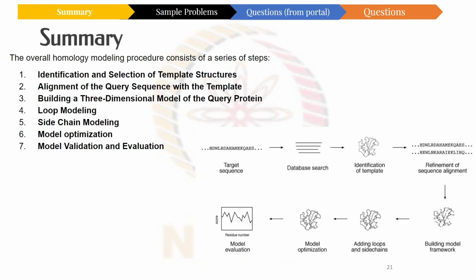Then we have sidechain modeling. Sidechain modeling is a process of predicting the sidechains. Now, three-dimensional model building is done and the backbone has been built. For that, now sidechains have to be added. So this process is crucial in evaluating the interactions, and it is usually done by placing sidechains onto the backbone coordinates that are derived from the parent template structure or from ab initio modeling simulations.